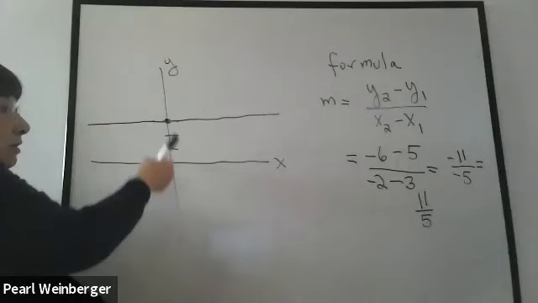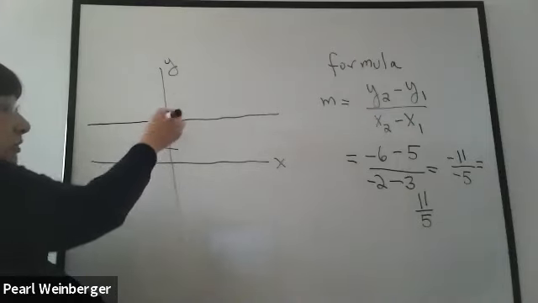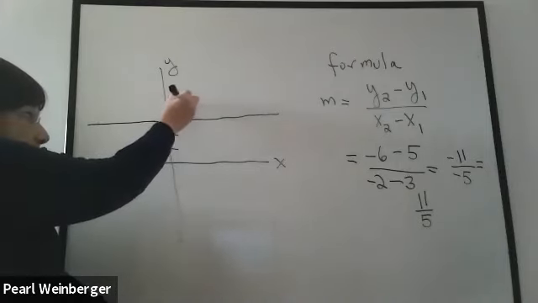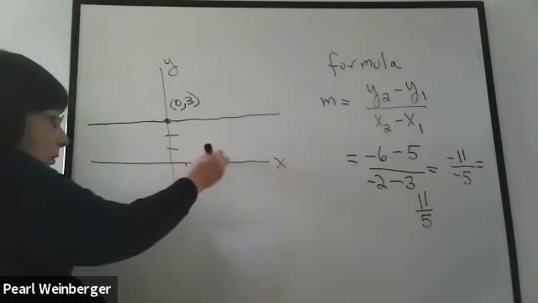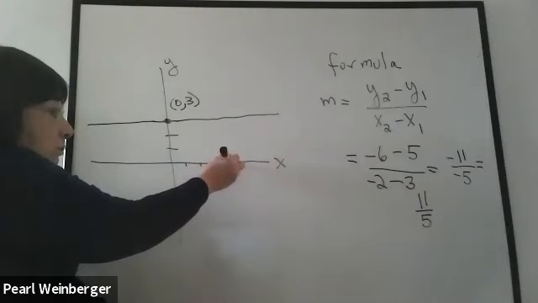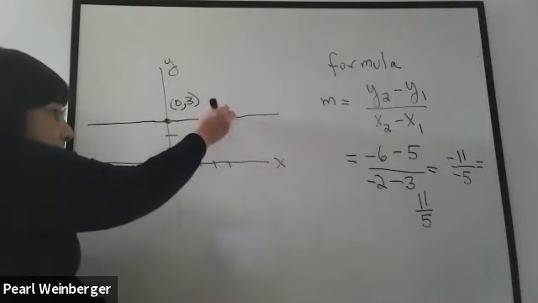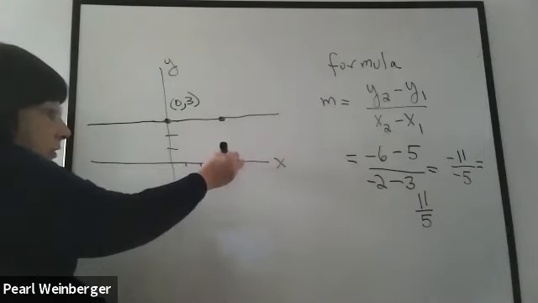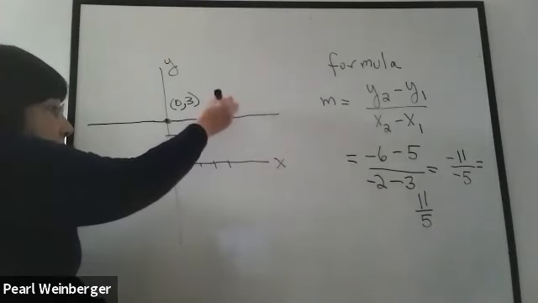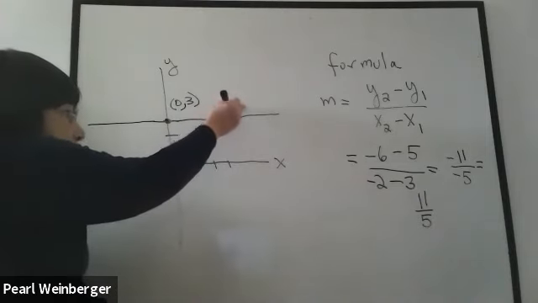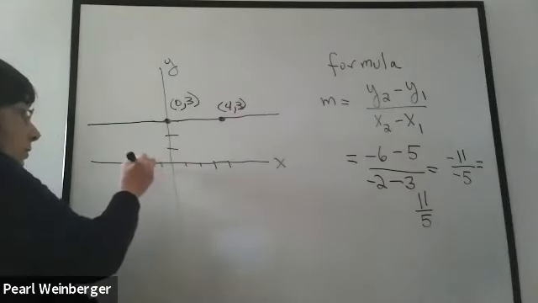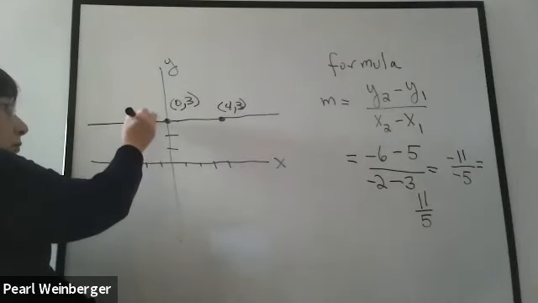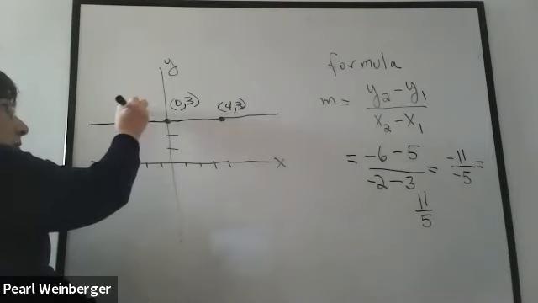Well, obviously the y-intercept is 3, so this is the point 0, 3. What's this point? 4 to the right, 3 up, so this is the point 4, 3. What about this point? 2 to the left, 3 up. This is the point negative 2, 3.